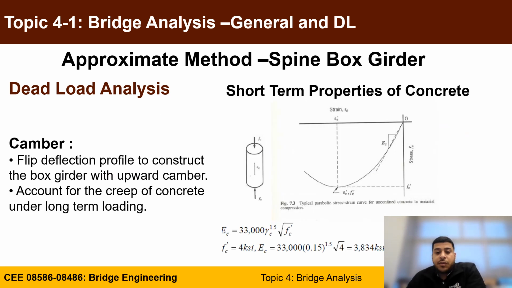In order to get this information, you need to do the spine model, you need to get, for example, if you have a box girder, information about modulus of elasticity, which is this equation. In AASHTO, you use kip and inch, so KSI or kip.